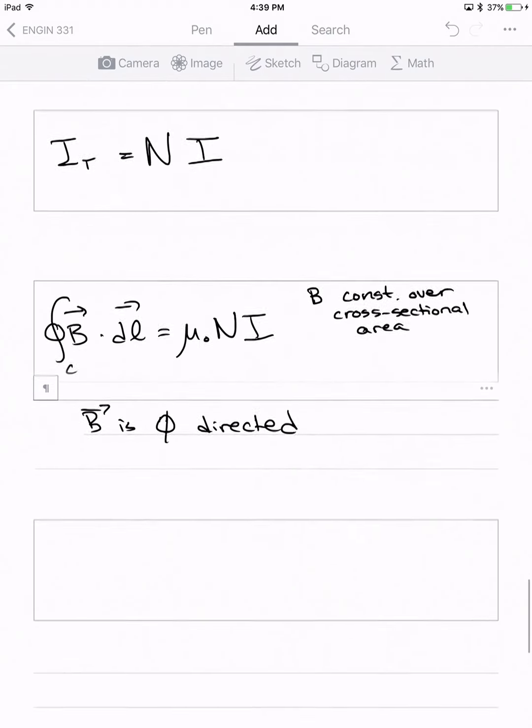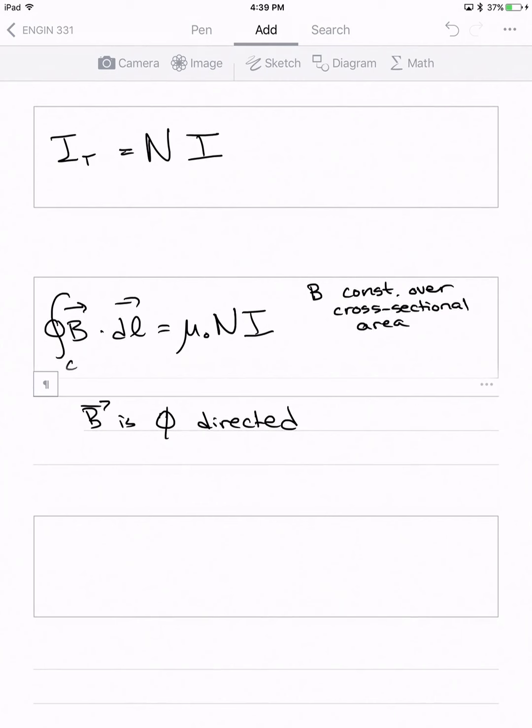So then when I actually evaluate that integral, it's going to be integral from 0 to 2 pi of some constant value of b, which I'm going to call b naught, times a hat phi. And that's going to be dotted with my expression for dl, which is a hat phi r naught d phi. That's dl.